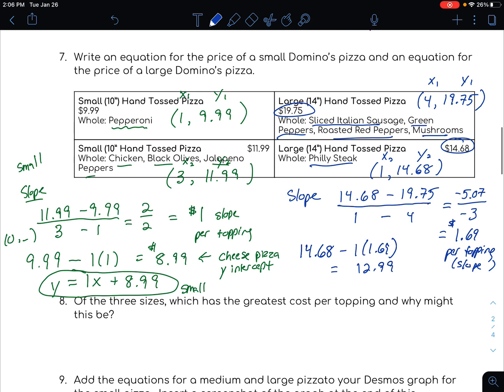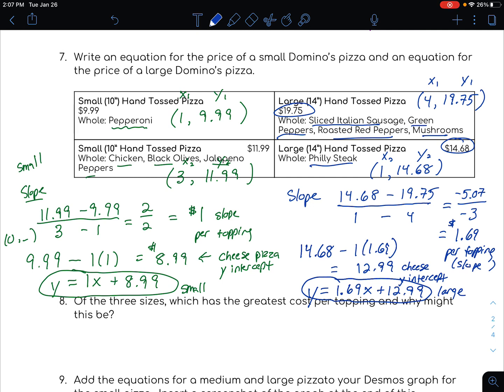And remember, this would be our cheese price. This is our y-intercept. Kind of running out of space here. So our equation for this, once again, would be y equals mx plus b, so 1.69x plus $12.99. And that would be our large.